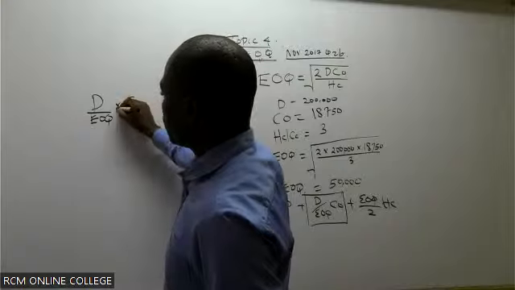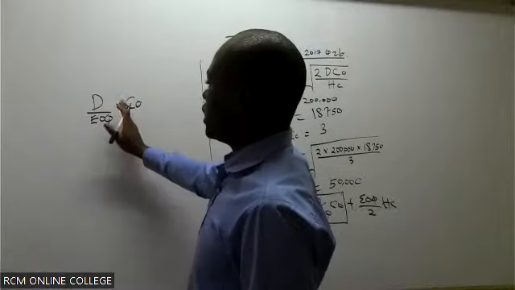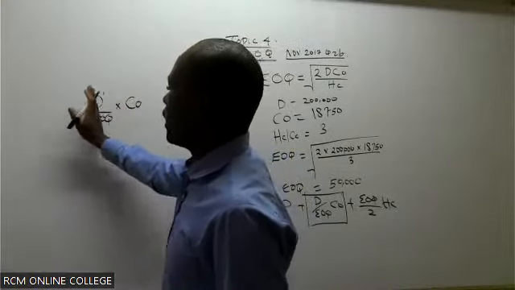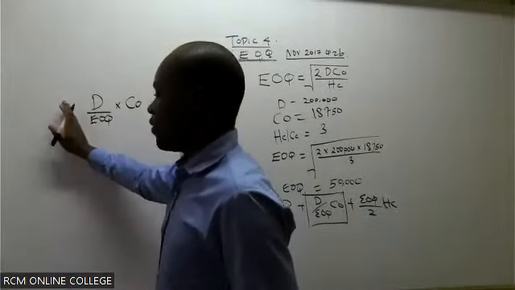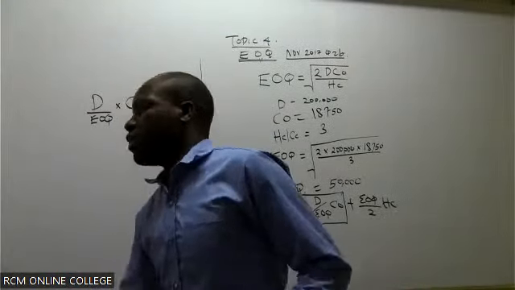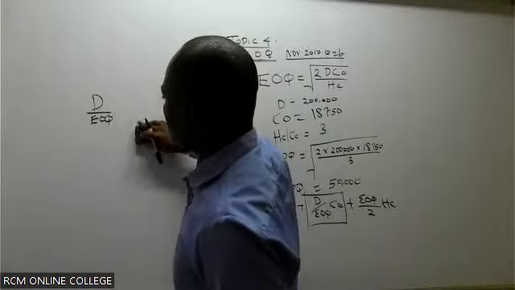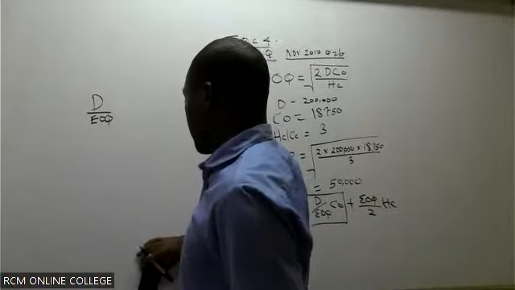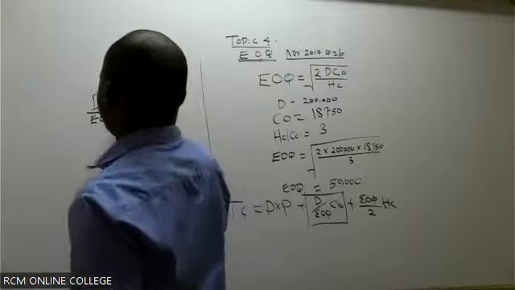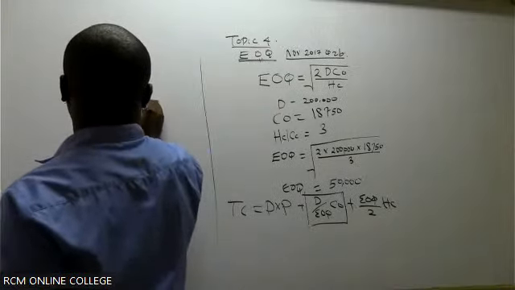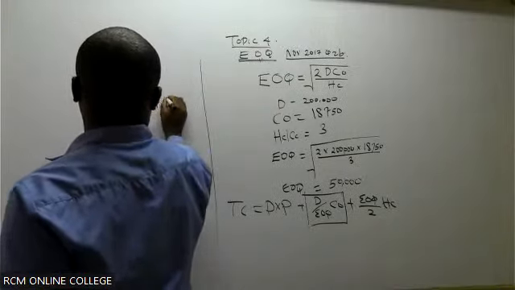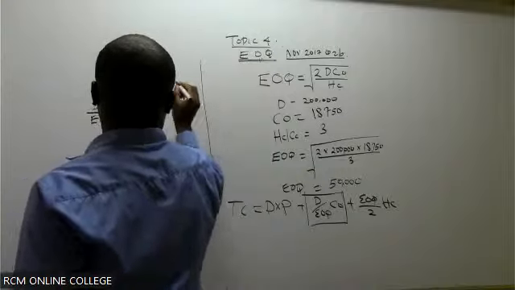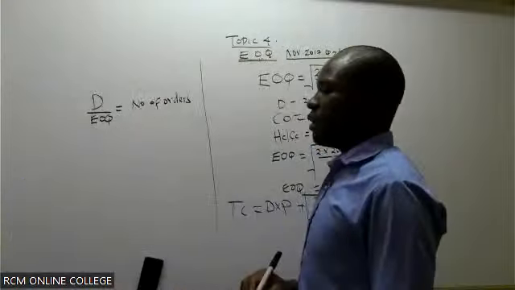So for us to get the total ordering cost, we are taking cost per order multiplying by the number of orders. What do I mean? If you just delete the ordering cost, this one here is equivalent to number of orders.